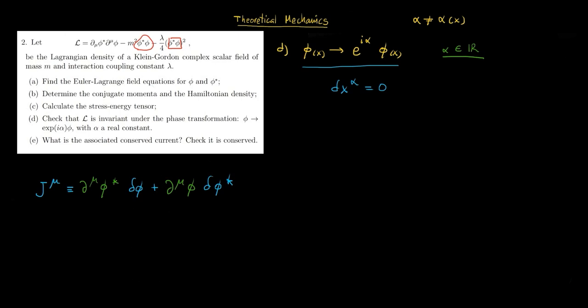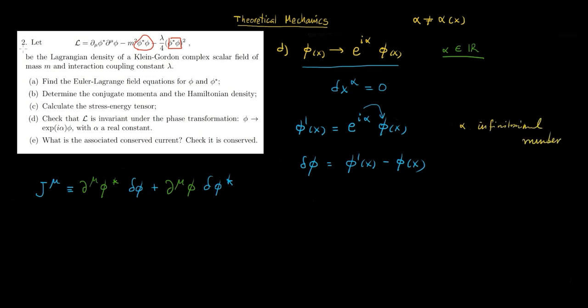Let's calculate this variation. If phi prime of x is e to the i alpha phi of x, then the variation of phi due to a transformation in the internal space of the field, not in the position, is defined as phi prime of x minus phi of x. But you have to consider alpha as an infinitesimal number.